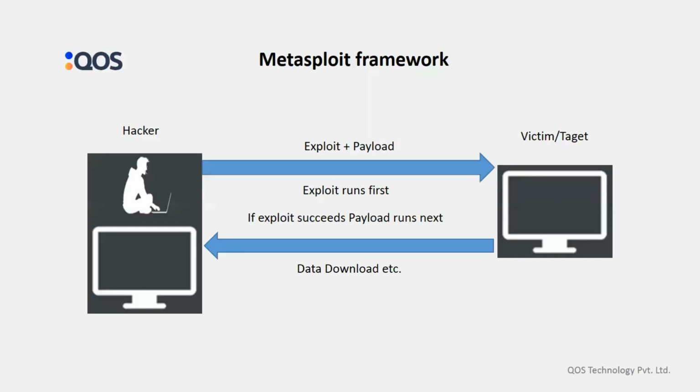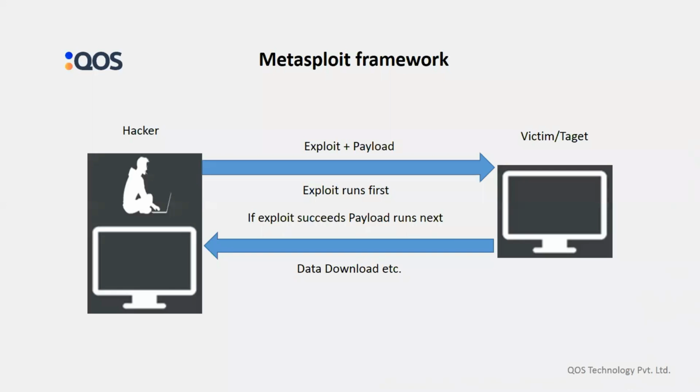There are also multiple functionalities available, like choosing the encoding techniques so that IPS and antivirus ignore the encoded payload. Finally, run the exploit, or just type exploit or run, so that it does its work.